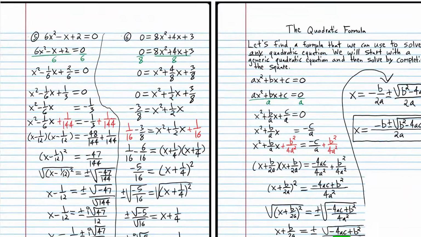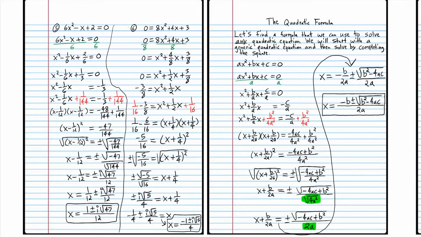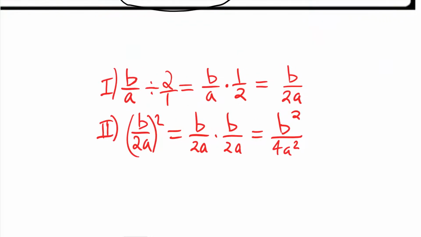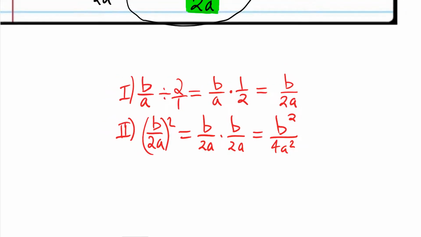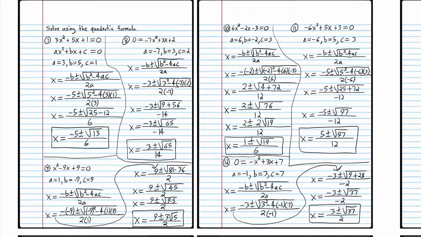And here's screenshot number 2. Or 3 if you took that other screenshot. And also you can get this work. This shows how to complete the square on the generic form of a quadratic equation. Next screenshot.